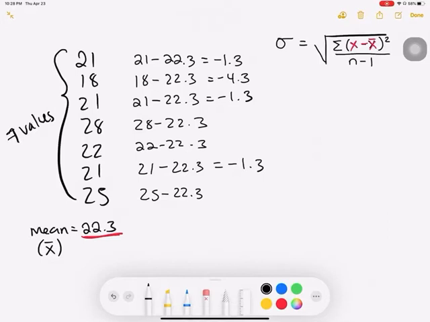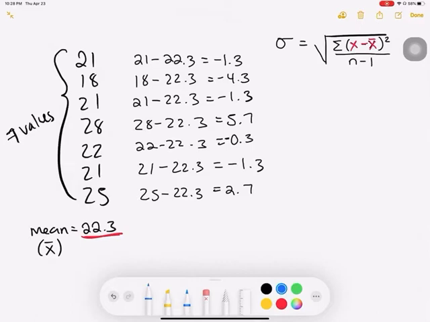For the 28 minus 22.3, it should be 5.7. For 22 minus 22.3, that should be negative 0.3. And the last value, 25 minus 22.3, is 2.7. Okay, so those are the first results that we need in order to calculate the standard deviation.